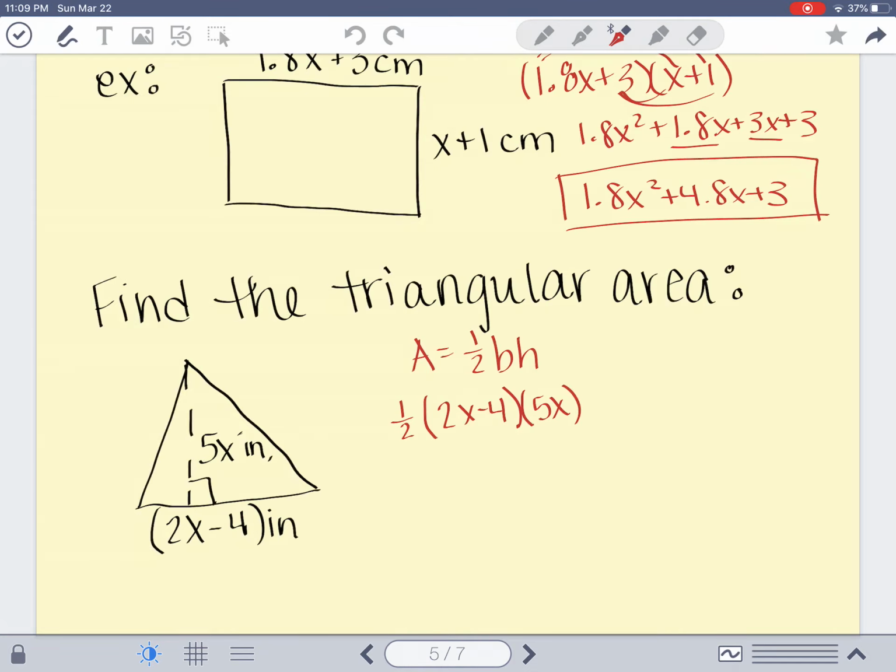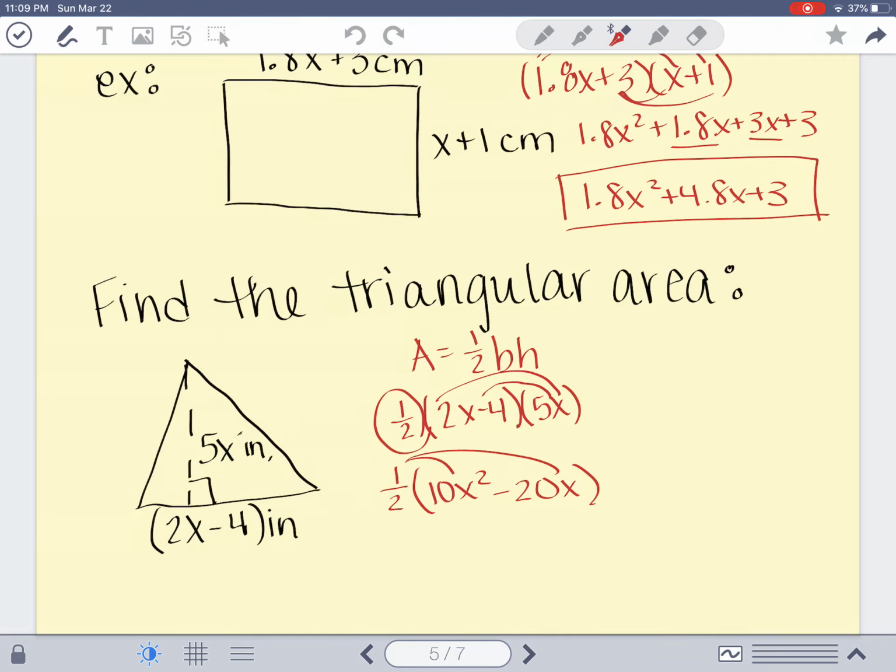Alright, so first what we're going to do is ignore this 1/2 for right now. Okay, so we've got 2x times 5x, which gives us 10x squared. And then negative 4 times 5x, which gives us a negative 20x.